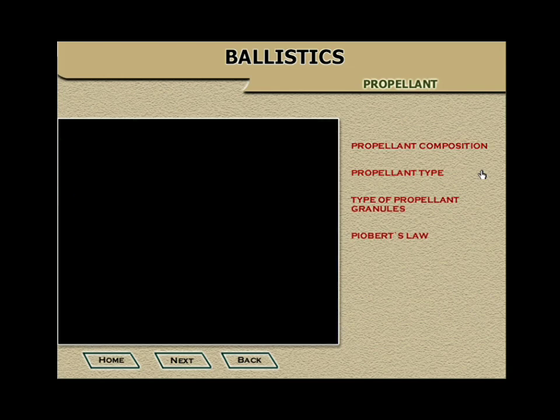Propellant compositions. Black powder, often known as gunpowder, is the modern formulation of the earliest propellant. It consists of a mixture of saltpeter, charcoal, and sulfur in proportions of 75 to 15 to 10.